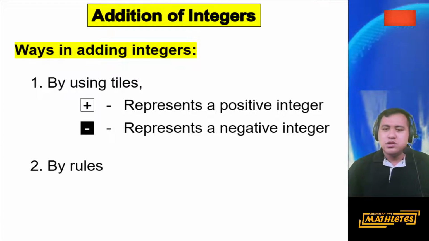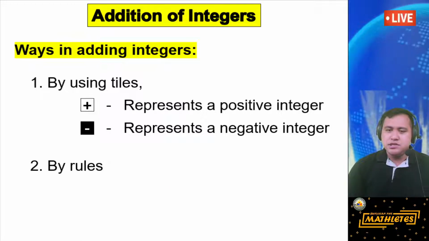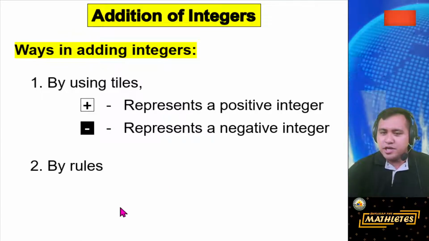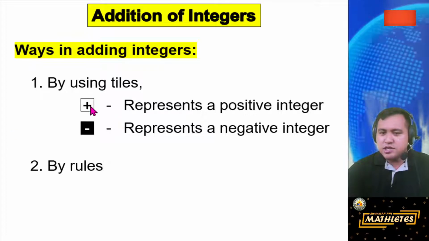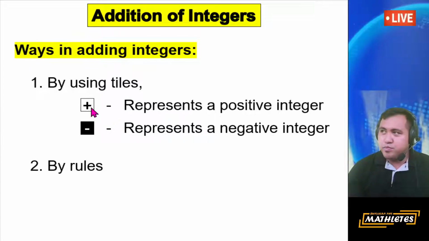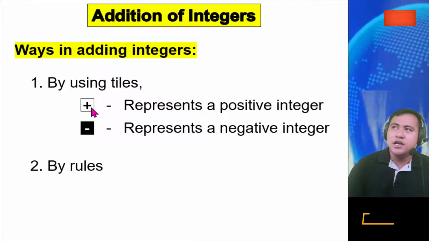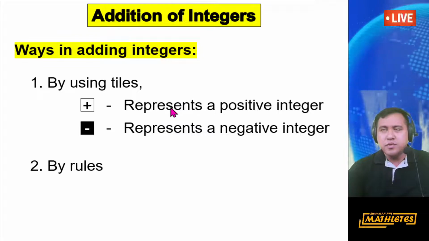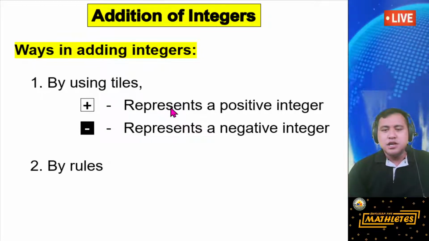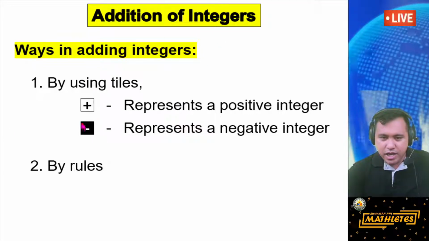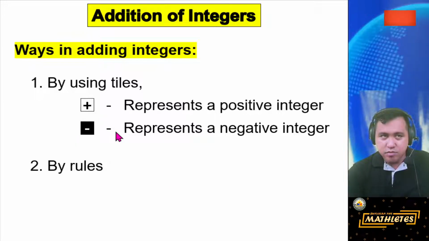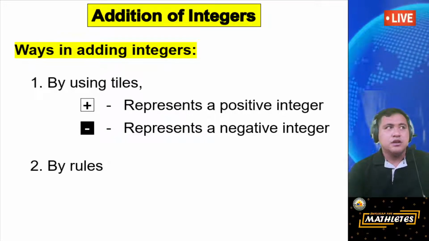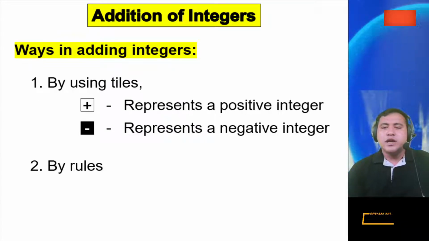You can add integers by using tiles. In our discussion, we will use this square with the symbol plus, that would represent a positive integer, and this square with the symbol minus would represent a negative integer. So that is by using tiles.